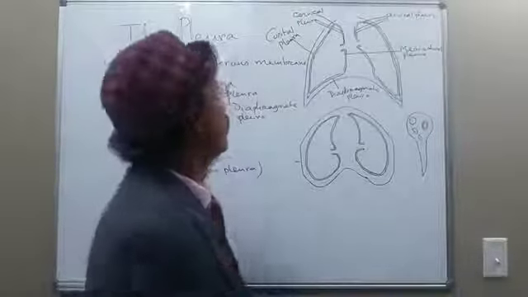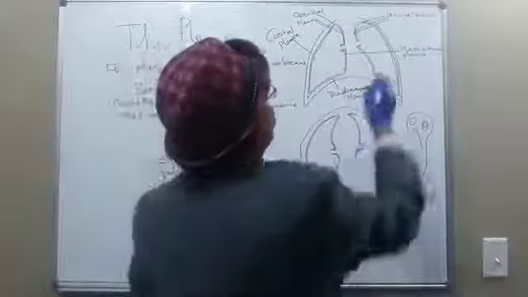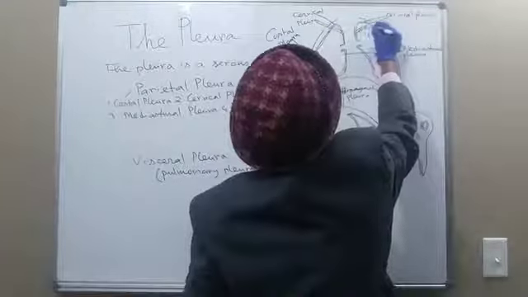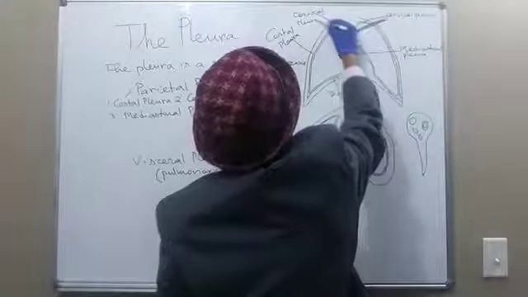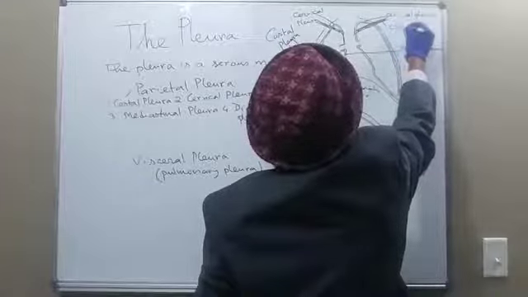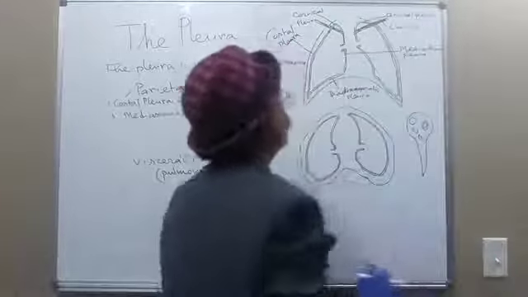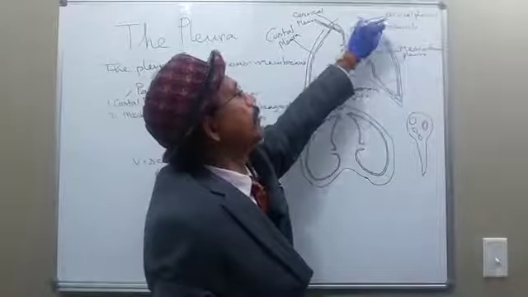Okay, we got that. The cervical pleura is above the clavicle. So this bone is the clavicle. Okay, so this pleura here is the cervical pleura.